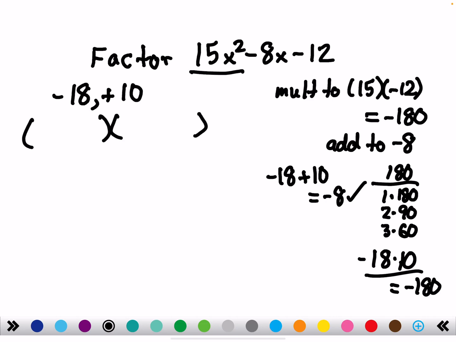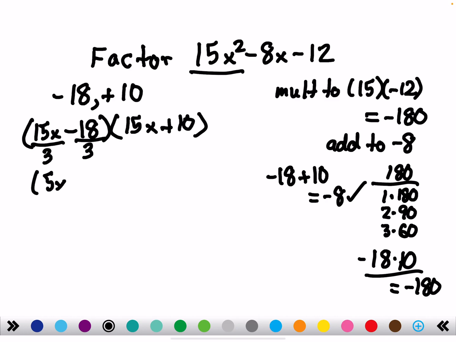Remember, we have to decrease the degree of the leading term by 1. So instead of 15x squared, it'd be 15x, first position. Then minus 18 plus 10. Take out the common factors. The greatest common factor of 15 and 18 would be 3. So that reduces down to 5x minus 6.